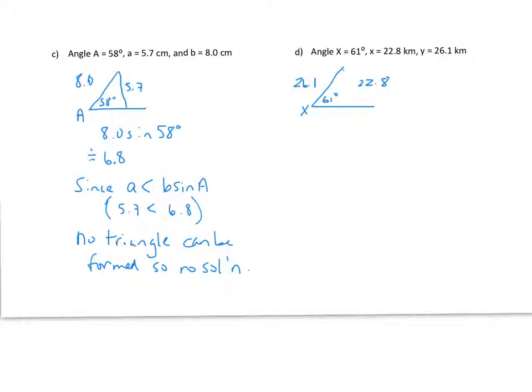My 22.8 is smaller than my 26.1, so there's potential for none or two, so we're going to check the B sine A. 26.1 times the sine of 61 degrees equals 22.82, or 22.83 if I round it.